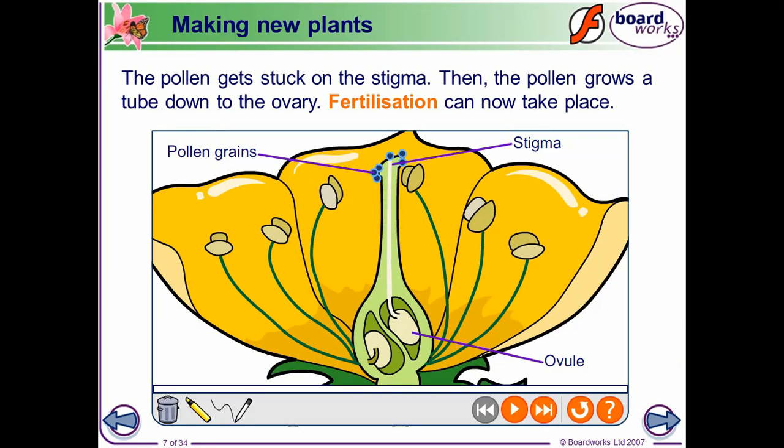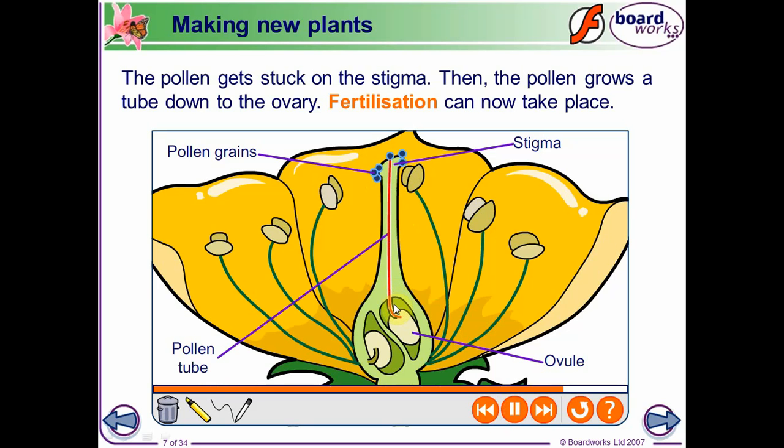After pollination, this is the flower, and pollen grains transfer from another flower or maybe from the male part in the same flower. These are the pollen grains. What will happen after transferring the pollen grains from one flower to another or from the male part to the female part? The pollen grains produce something called a pollen tube, the red line.